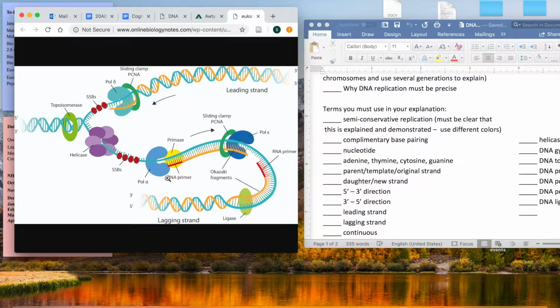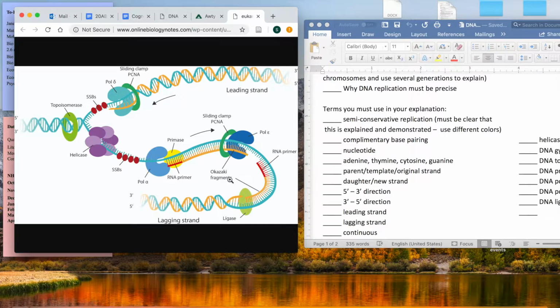Therefore, the leading strand is when the enzyme is moving towards the replication fork, and therefore that's called copying continuously. And then the lagging strand is when the DNA polymerase is replicating away from the replication fork, meaning that it is copying discontinuously.